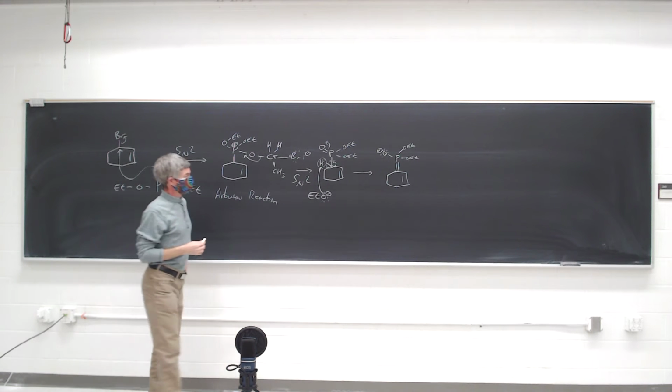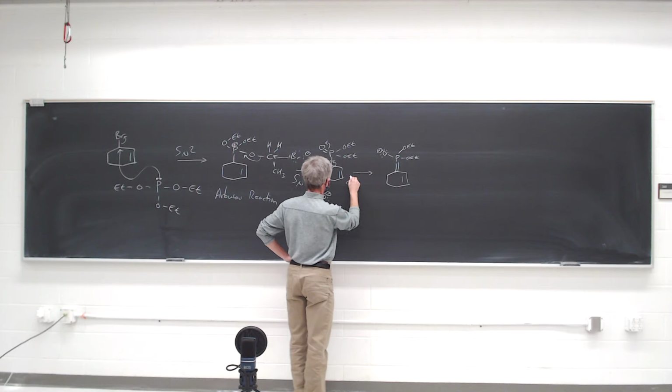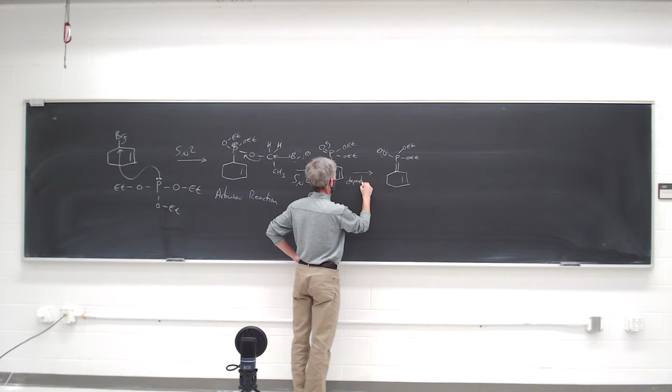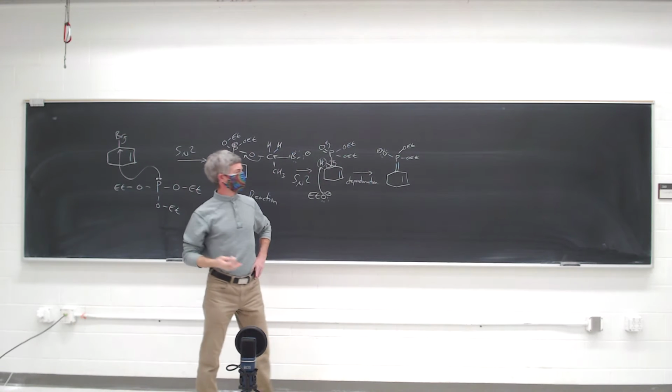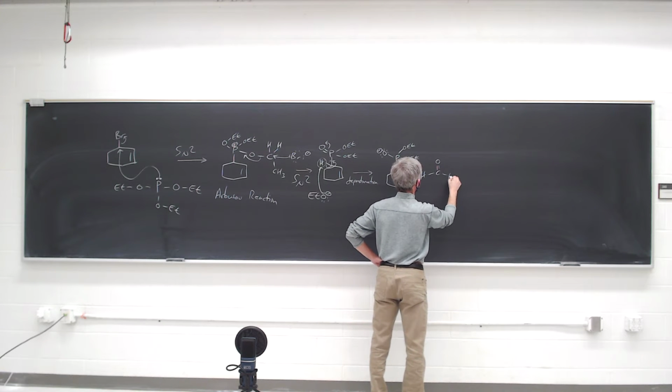So that creates that phosphorane analog just by deprotonation. That's the nucleophile that's going to attack the formaldehyde in the first step.